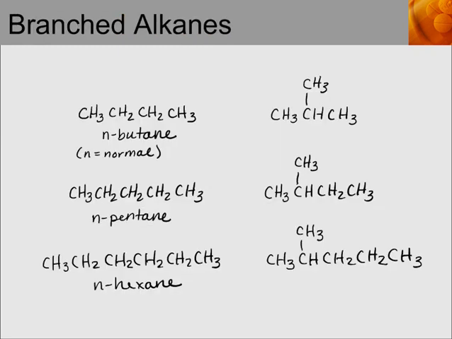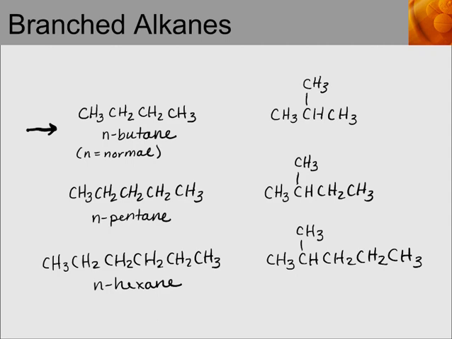Okay, so let's move on to branched alkanes. So we did talk about normal versus branched alkanes in the previous lecture, but how do we name the branched alkanes? So let's say we start with n-butane. You can also just call this butane, but sometimes we'll put an n in front just to indicate that it's a normal alkane, not a branched alkane.